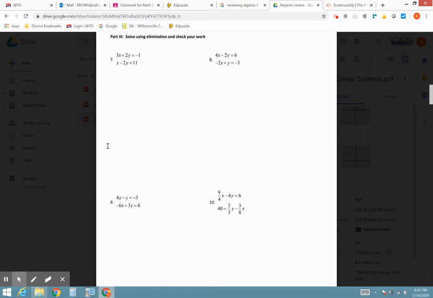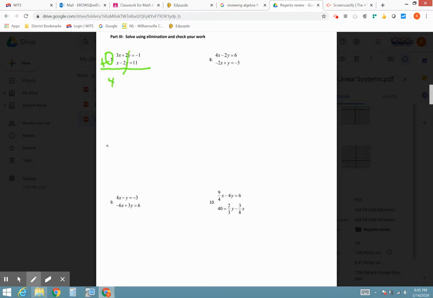So let's just go to number 7 because it's the first one there. So x's are lined up, y's are lined up, equal signs are lined up, constants are lined up. So I'm good to go. I either need to get my x's to eliminate or my y's to eliminate. And actually my x's, I could multiply by negative 3 and this bottom one and they would eliminate. My y's are actually already set to eliminate if I add.